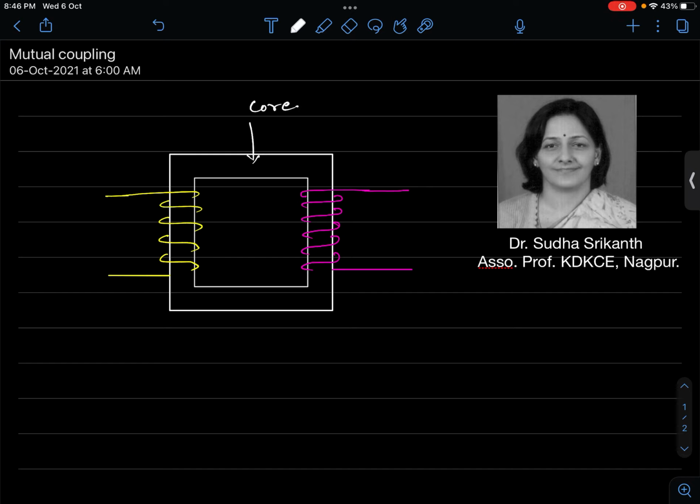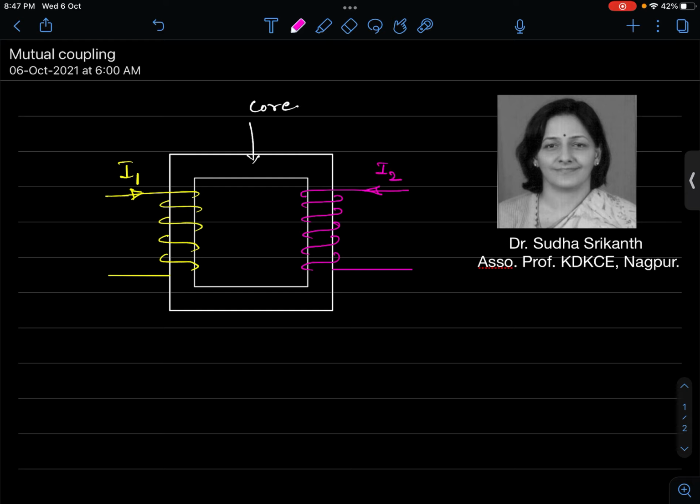Let us try to have voltages applied to these coils such that currents result in these coils. Let us imagine the current I1 is made to flow through the coil in yellow, and I2 is the current made to flow through the coil in pink.